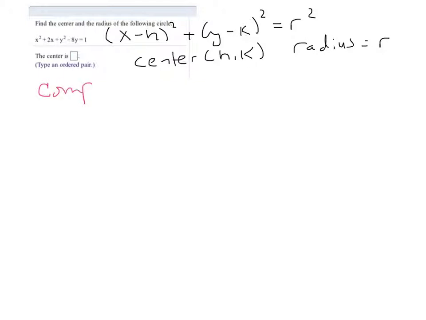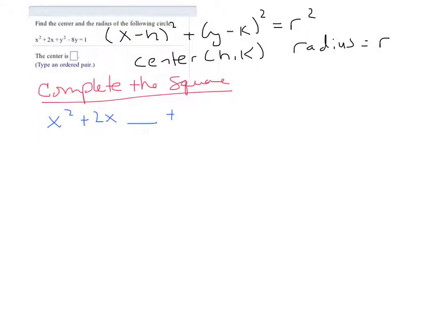Now when you complete the square, basically we need to group all the x's together, all the y's together, and then we'll move everything else to the right-hand side. So the x's are already grouped together, and then I'm going to leave a space here. And then I will include my y values and leave a space here as well. Got the plus sign over here.